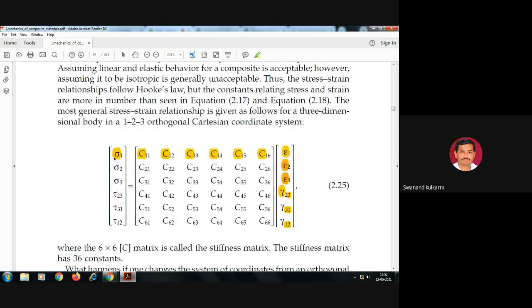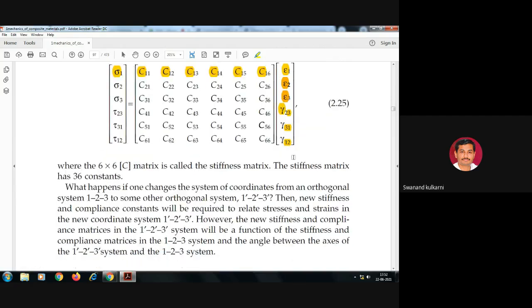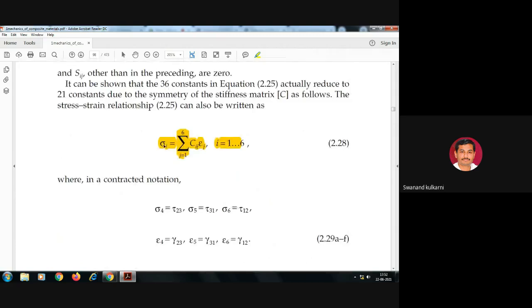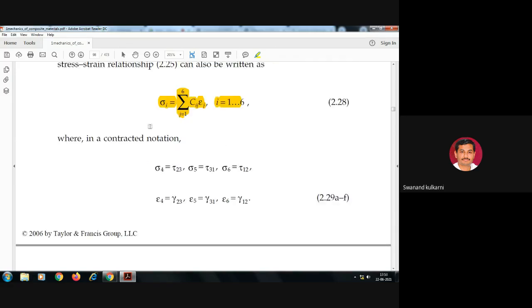Is it okay? So we are representing the total matrix in that format. So equation 2.25 is only represented with this 2.28 only. Is it okay? So this particular equation 2.28 represents nothing but the matrix 2.25.